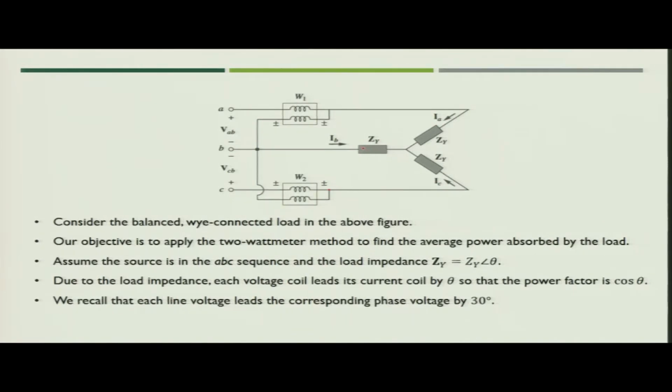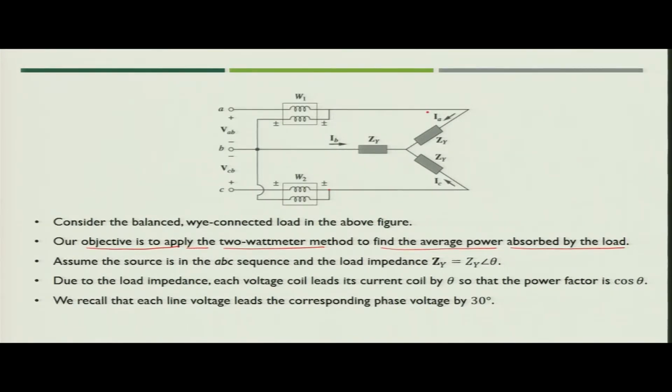Now, for simplicity we have assumed that the load is balanced. So, we will say the impedance of the load is ZY in all three phases. Now, the objective for this particular study is that we will apply the 2 wattmeter method to find the average power absorbed by the load.